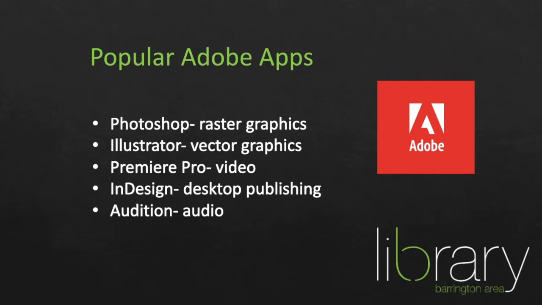The first is Photoshop. It is a raster graphics editor. Then next is Illustrator, which is a vector graphics editor. The difference between raster and vector graphics is that raster images are made up of pixels. Vector images are made up of paths.